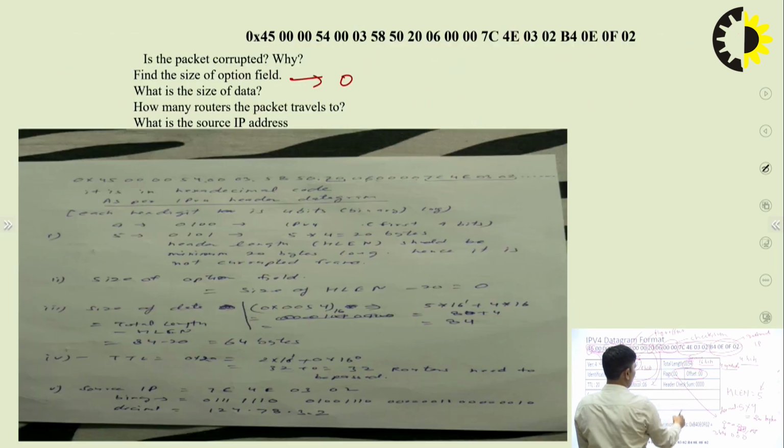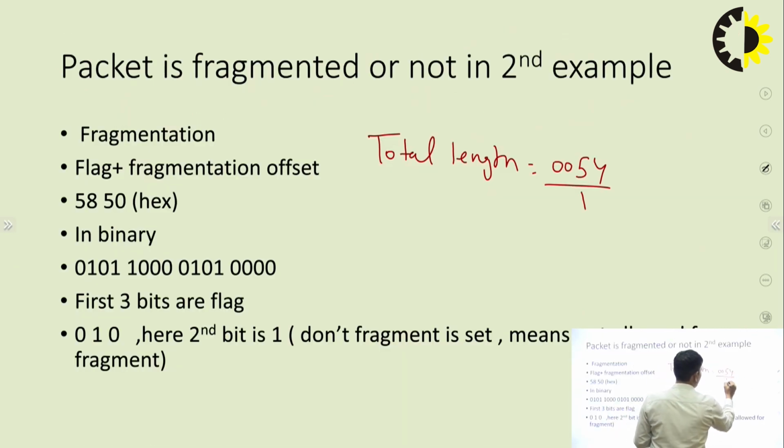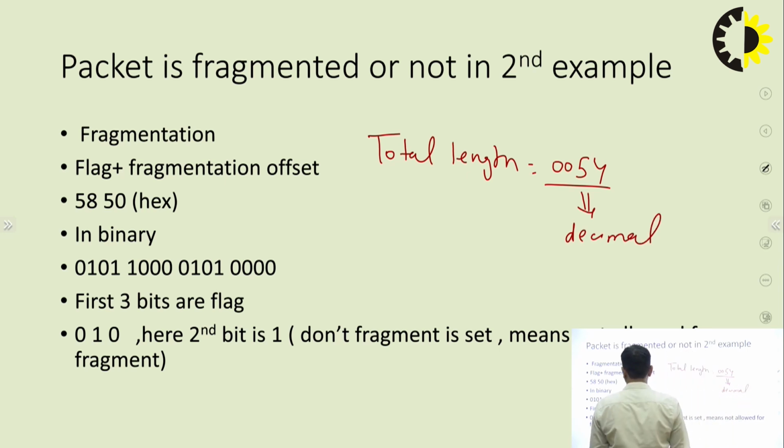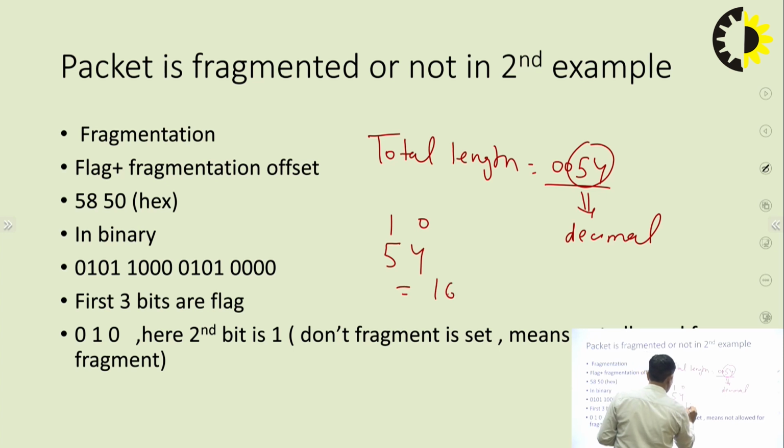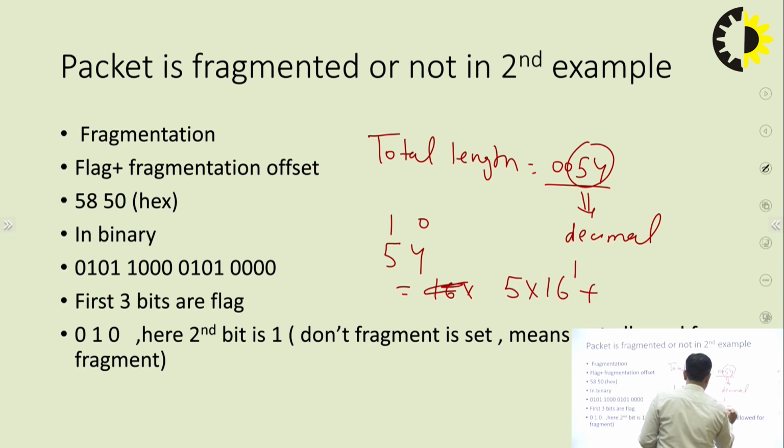Right? So convert it into decimal first. How much will this be in decimal? This 54 is hexadecimal, so what is the procedure? For 54, the index is 0 and 1. So 5 into 16 to the power 1 plus 4 into 16 to the power 0.